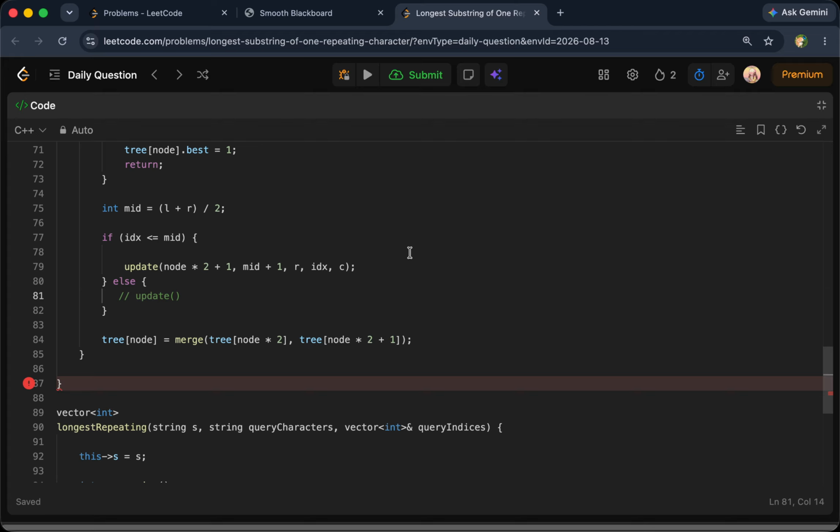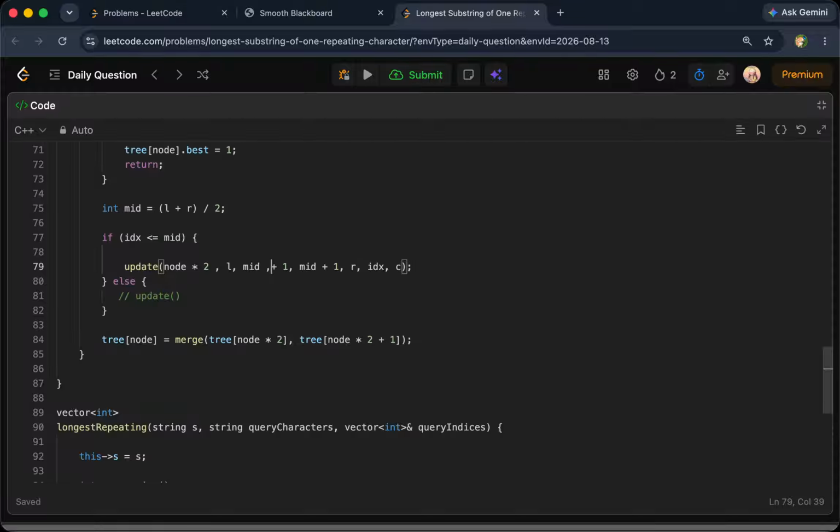I think that mistake from here only. 1 2 left mid idx and save.